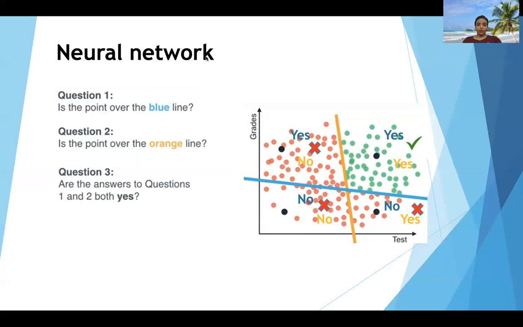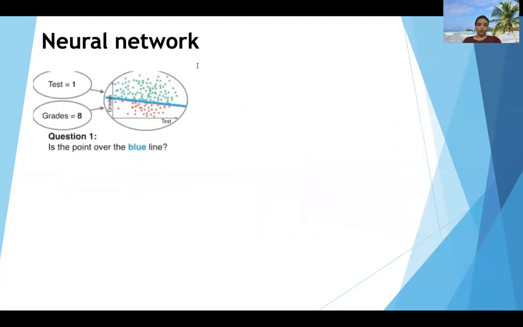So now we can take each question as a small node. For the first question, we have a node with a graph and two input nodes, the test score and the grade. For example, we have a student whose test score is 1 and grade is 8.